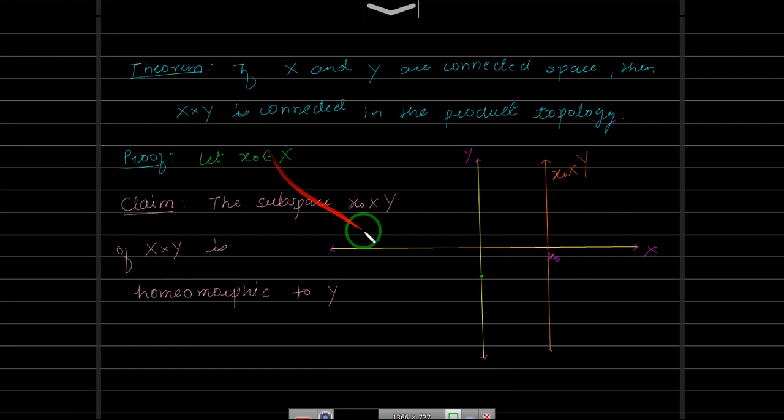Y is fixed, and your x coordinate varies. So these are precisely all those points in a line like this. Okay, so this is connected for all y.